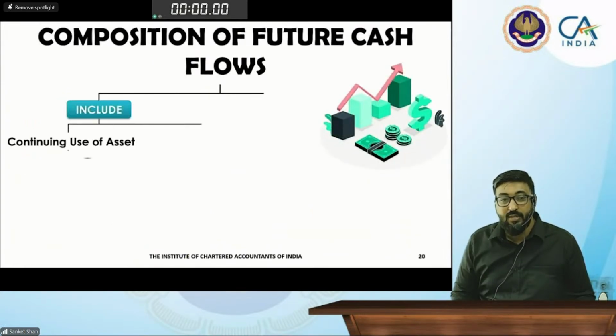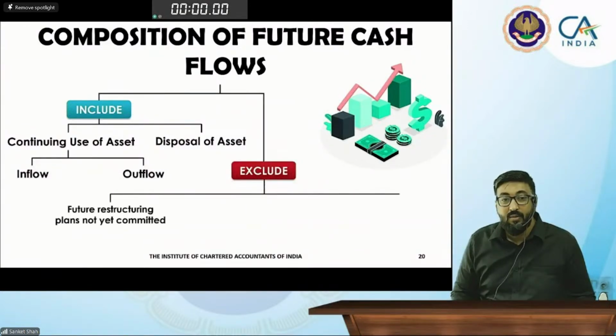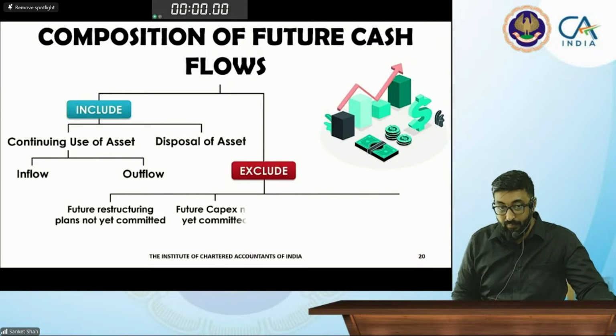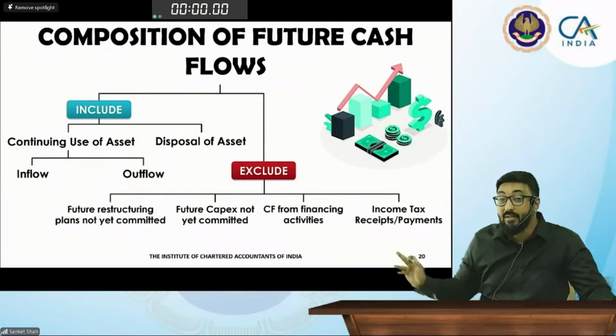So cash flows include continuing use of the asset, inflows and outflows, and disposal of asset, but it excludes future cash flows which are not yet committed. Future capex, capital expenditure. Cash flow from financing activities, no. And income tax also excluded.